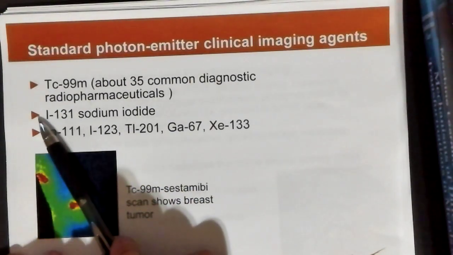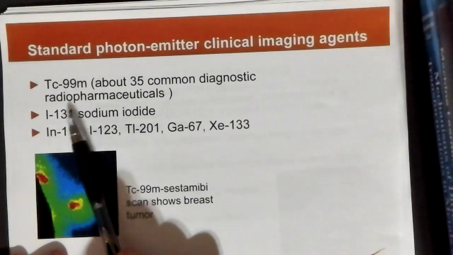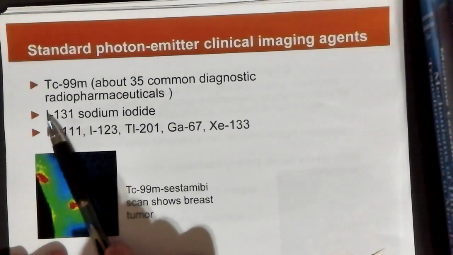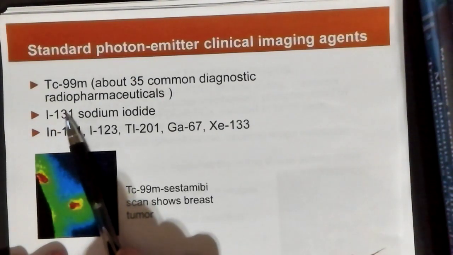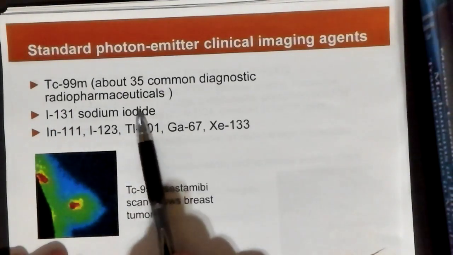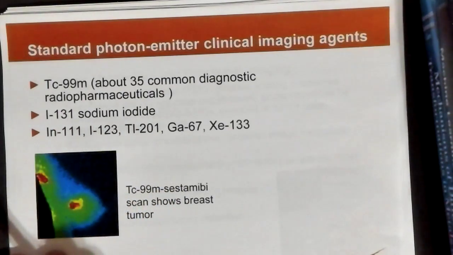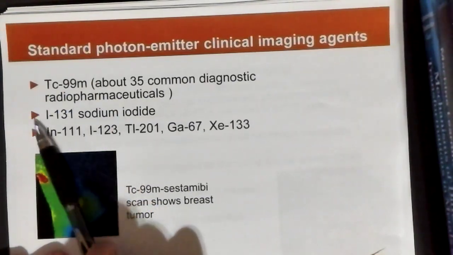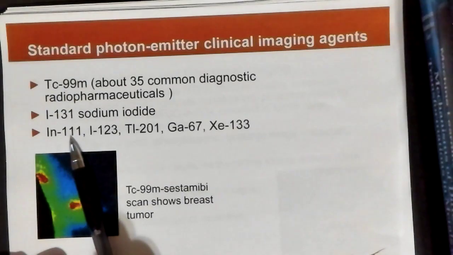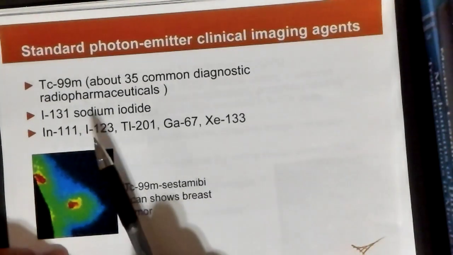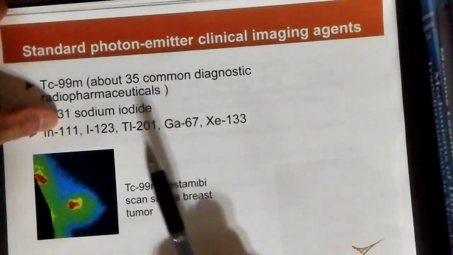You can do the same thing with sodium iodide. The iodine-131 will beta decay, and that will produce a gamma ray after beta decay. So this can be used both for imaging and for treatment. Indium-111, iodine-123, and so on.